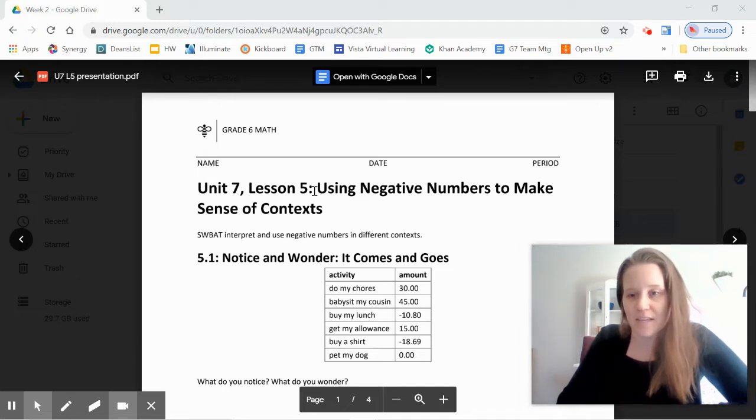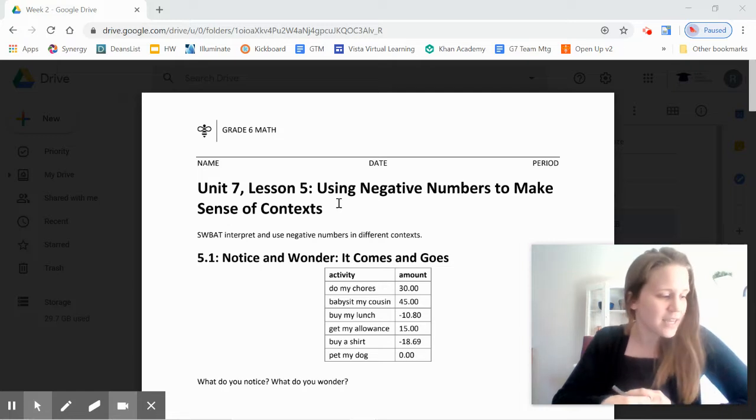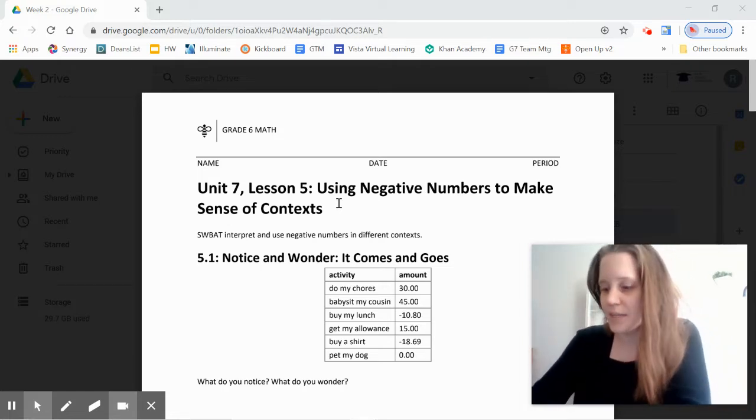This is Unit 7, Lesson 5, using negative numbers to make sense of context. Go ahead and fill that in on the title of your notes.